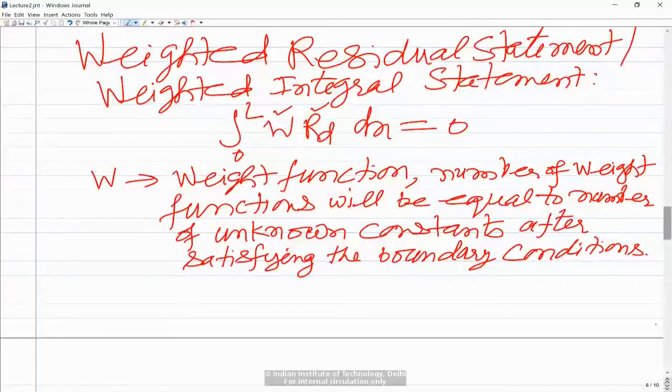So there are 5 weighted residual methods used for finding approximate analytical solutions, and these methods are also used to develop the element level governing equation in any problem we want to solve using the finite element method.